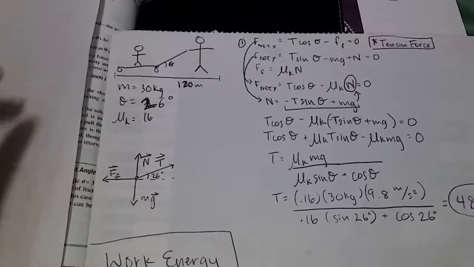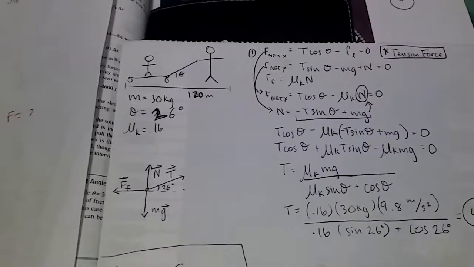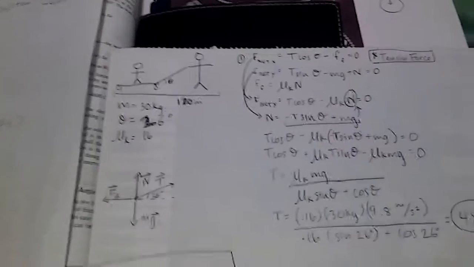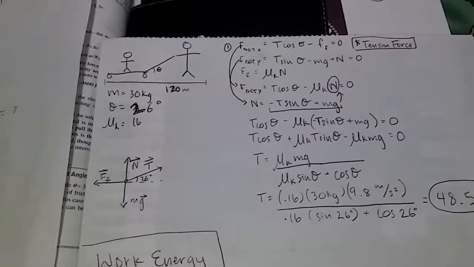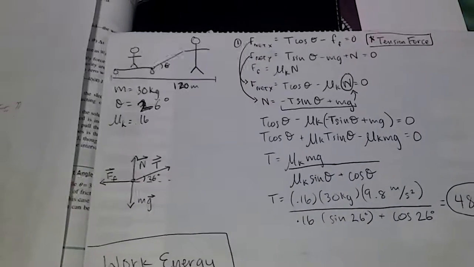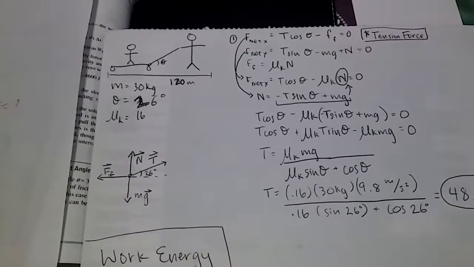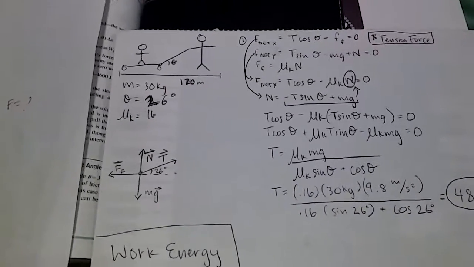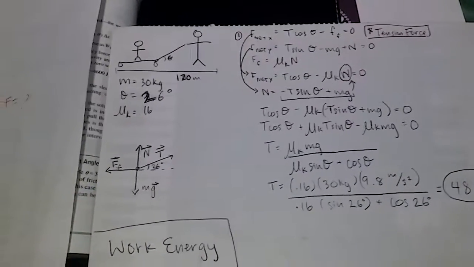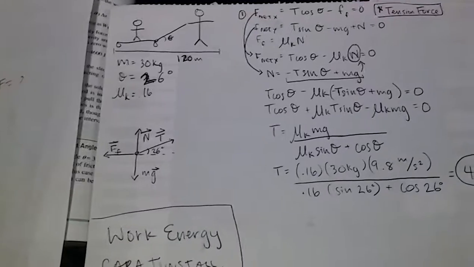And the coefficient of kinetic friction is 0.16. So I'm going to find the work done by the woman and the work done by the ground on the cart while it's moving 120 meters. I'm also going to give the total work done on the cart at the end.